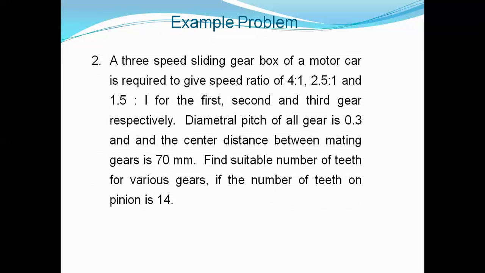Speed ratios అంటే తెలుసు కదా ఫార్ములా, టీత్స్ తోని డివైడ్ అయి ఉంటాయి. అదే వెలాసిటీ రేషియోస్ అయితే డయామీటర్స్ అండ్ టీత్స్ తోని ND/NL కదా. సో 3 గేర్లు ఇచ్చిండు స్లైడింగ్ గేర్ బాక్స్ లో. వాటి స్పీడ్ రేషియోస్ 4:1, 2.5:1 and 1.5:1. And diametral pitch of all gears is 0.3 and the center distance between mating gears is 70 mm. So find suitable number of teeth for various gears.